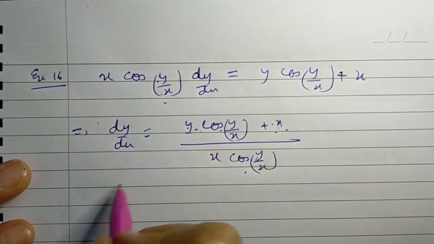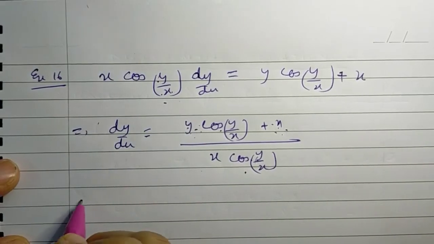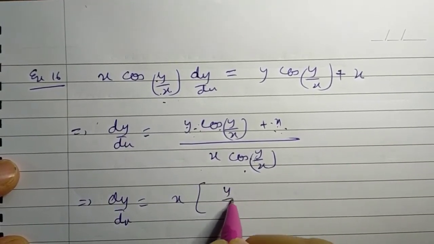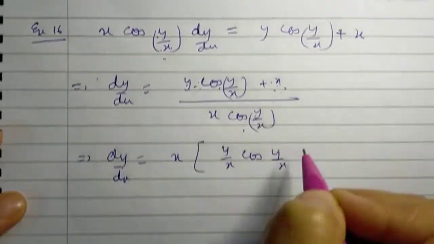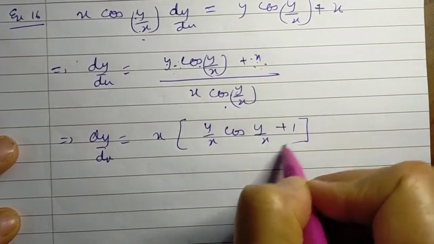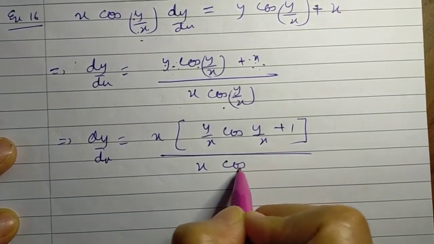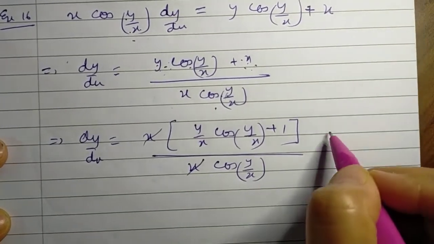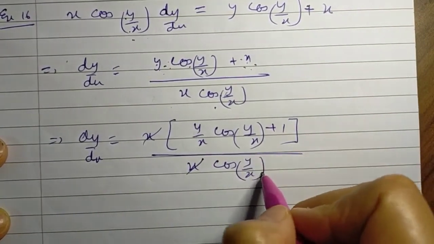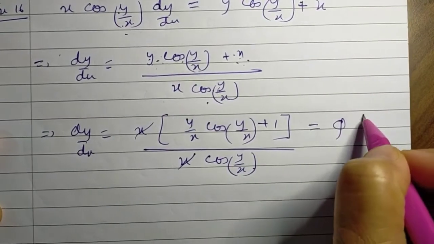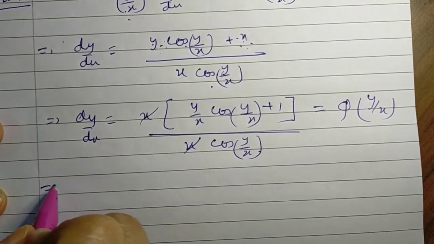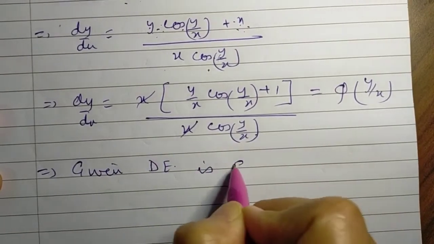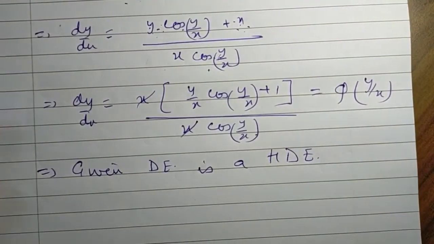So let's take x common from both numerator and denominator. We get dy by dx is equal to y by x cos y by x plus 1, whole upon cos y by x. This x and this x get cancelled, so clearly dy by dx is equal to this, which is a function of y by x. So it implies that the given differential equation is a homogeneous differential equation.